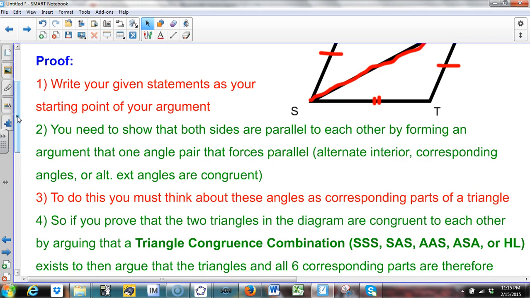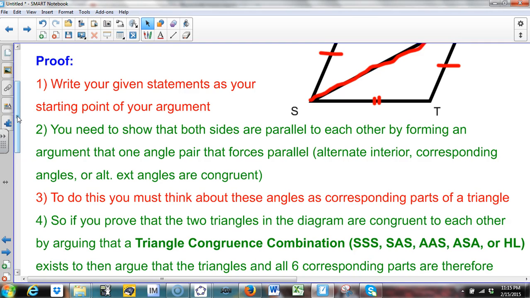Okay? So the second thing you're going to do, so first thing you write your givens, that's our starting point for our argument. So the second thing you need to do is you're going to show that this is a parallelogram, we need to show that both sides are parallel to each other by forming an argument that there's an angle pair that forces parallel, right?